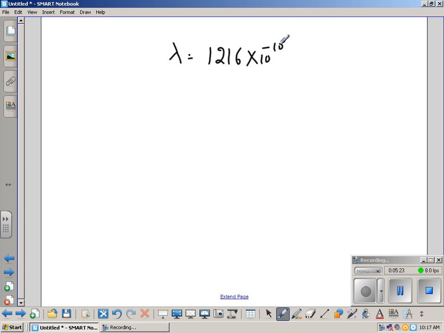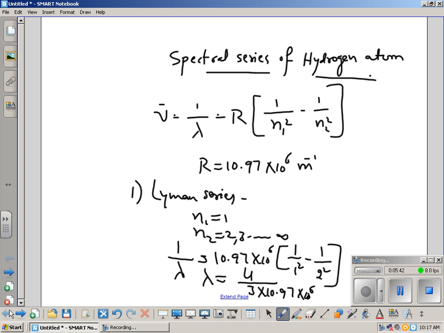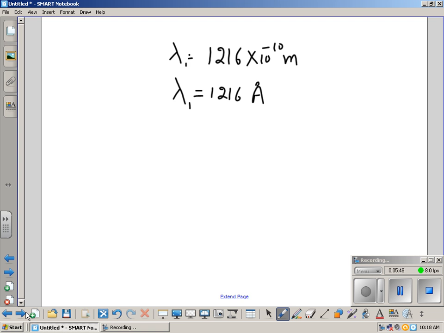The lambda unit, in meters you will get. Now you can change it to angstrom units, 1216 angstrom. You can write it as lambda 1 because it is the first member in the series.